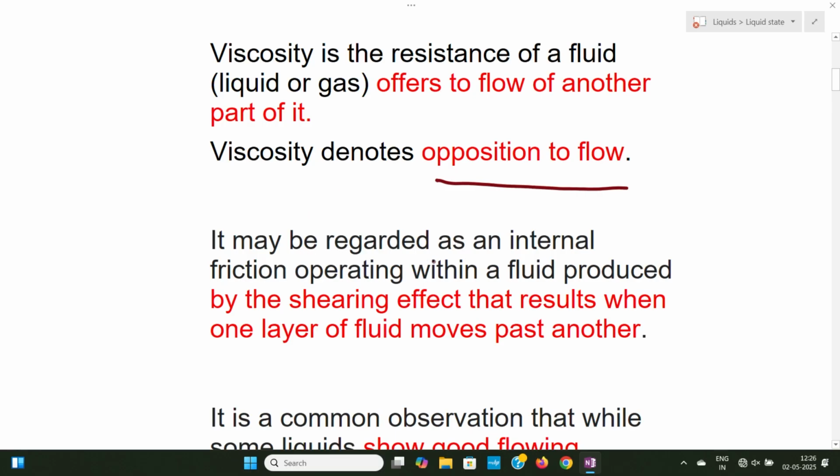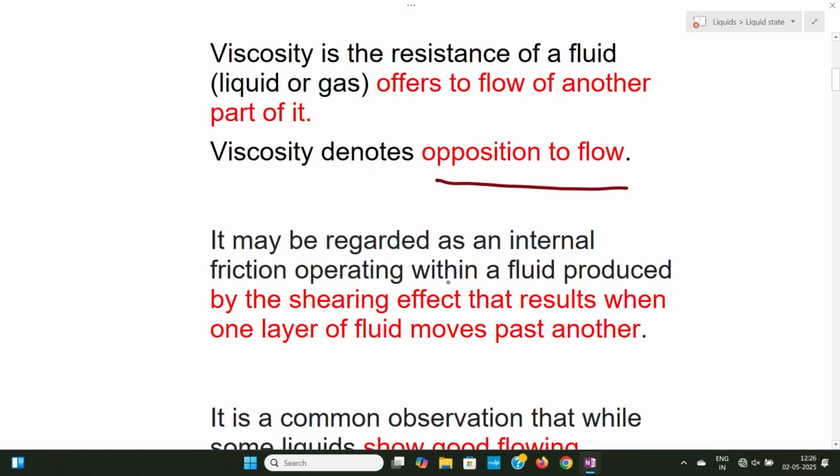It may be regarded as an internal friction operating within a fluid produced by the shearing effect that results when one layer of fluid moves past another. Here we consider liquid as in different layers, and the movement of one layer of the fluid will affect the movement of another layer. That means the shearing effect.